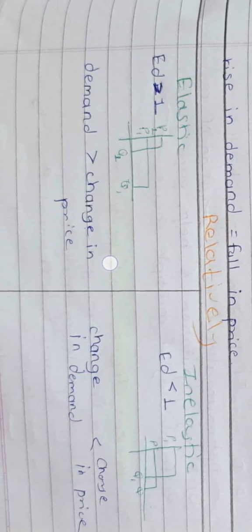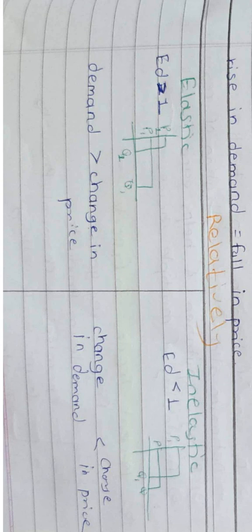Then next is relatively elastic demand, where elasticity of demand is greater than 1, where change in demand is greater than change in price, and relatively inelastic demand, where elasticity of demand is less than 1, where change in demand is less than change in price.